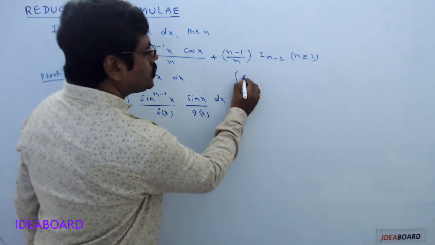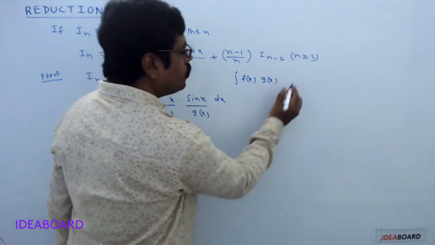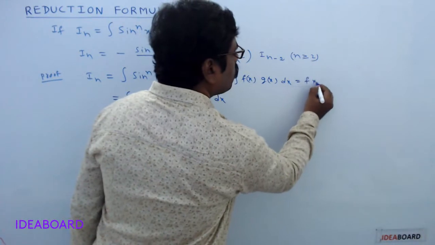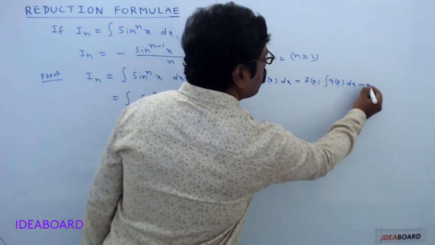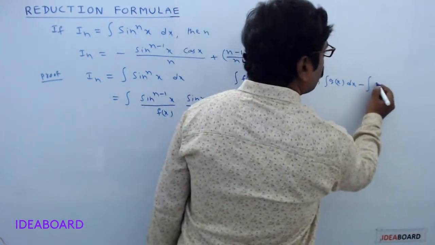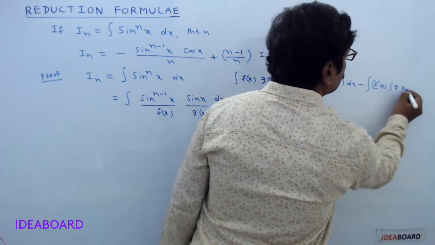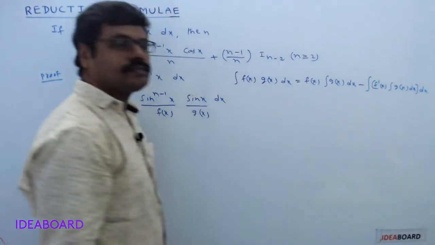What is the integration by parts formula? Integral f of x into g of x dx equals f of x into integral g of x dx minus integral of f dash of x into integral g of x dx, into dx.